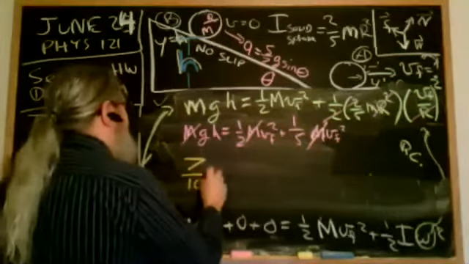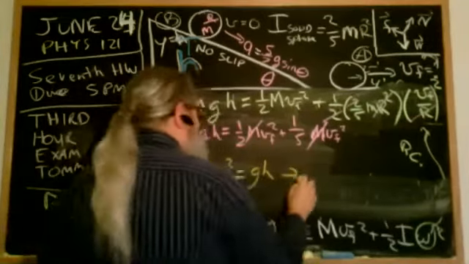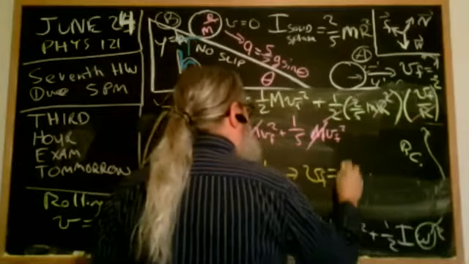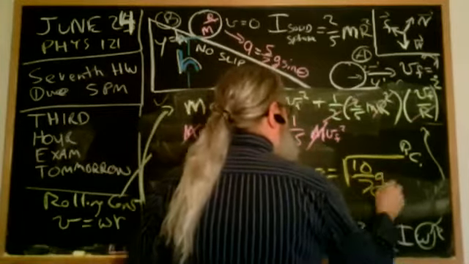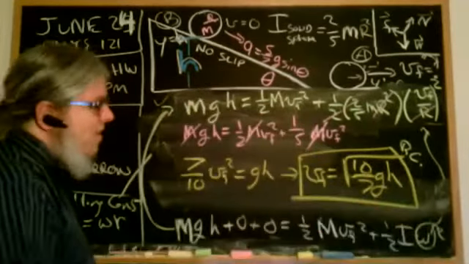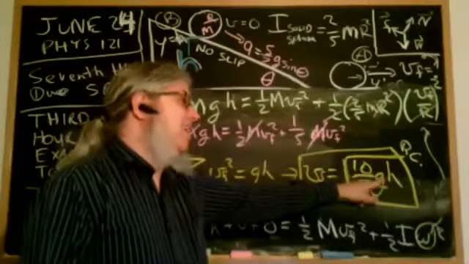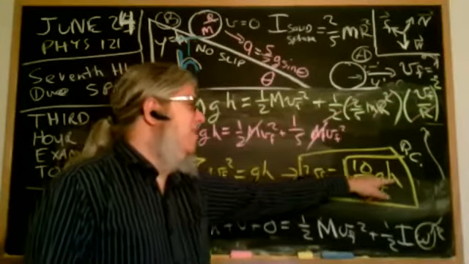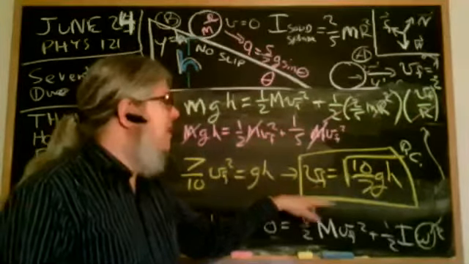That's kind of a weird number. Vf squared equals gh, or Vf equals the square root of 10/7 gh. That's kind of a funny answer. The units look good. This is length over time squared times the length, square rooted, gives me a length over time, so that makes sense.